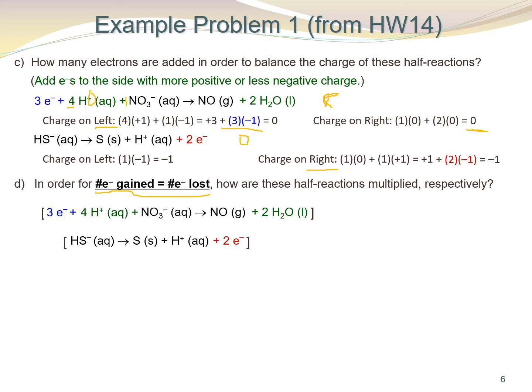The easiest way for us to do is we'll just turn the coefficient of an electron to the multiple for the other half reaction. So 3 is the coefficient of electrons in half reaction number 1, so it becomes the multiple of the second half reaction. 2 is the coefficient of electrons in the second half reaction, now it becomes the multiple of the first half reaction.